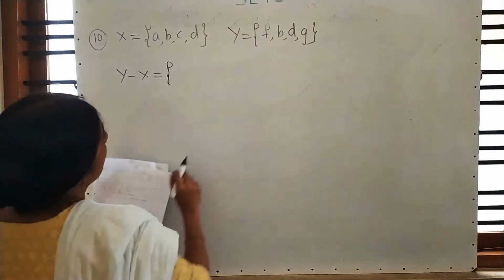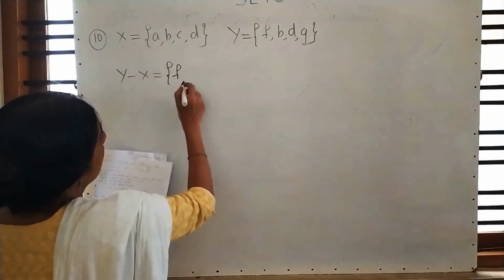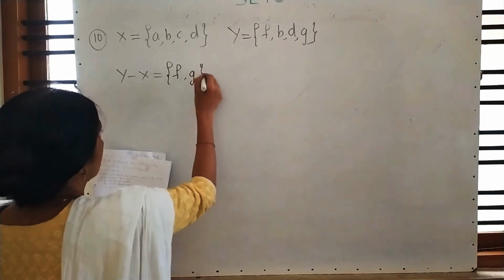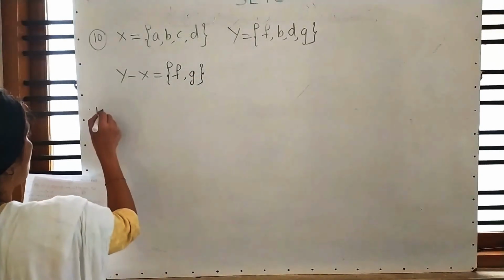Start with Y. F is not there in X. B is there, D is there. Then G. So this is a homework question. In the 11th, there is no homework question.